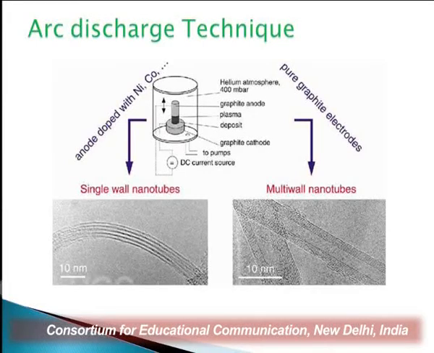Here we see the same diagram of the carbon nanotube. On the left hand side we have the single wall nanotubes, but on the right hand side multi-wall nanotubes are formed. By using this method, only by changing the parameters, we can form both types of carbon nanotubes, single and multi-wall carbon nanotubes.